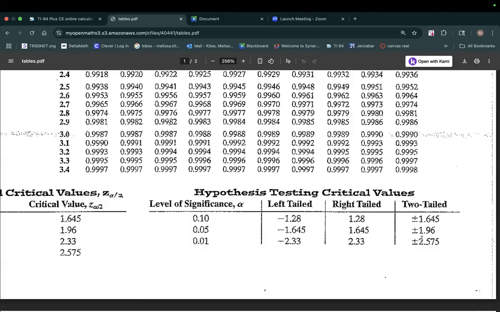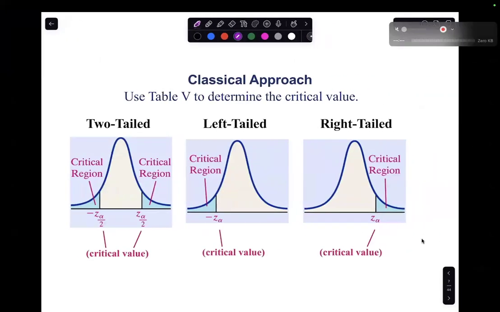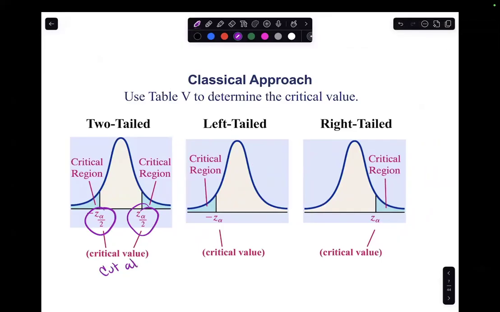Oh, I can't write that on there. All right, let me go back here. So I'm going to show this right here. So take a look. Cut alpha in half for two-tailed tests. We keep the alpha whole for left-tailed and right-tailed.